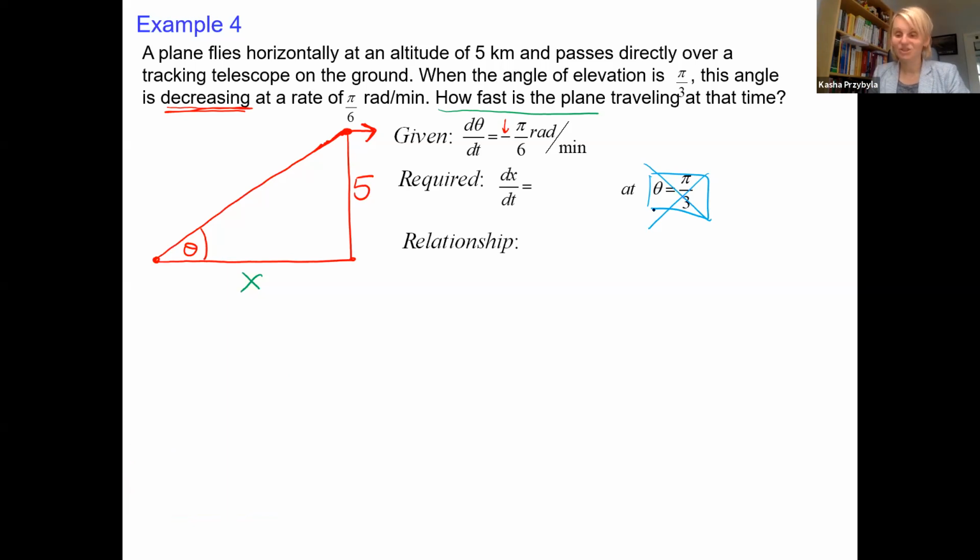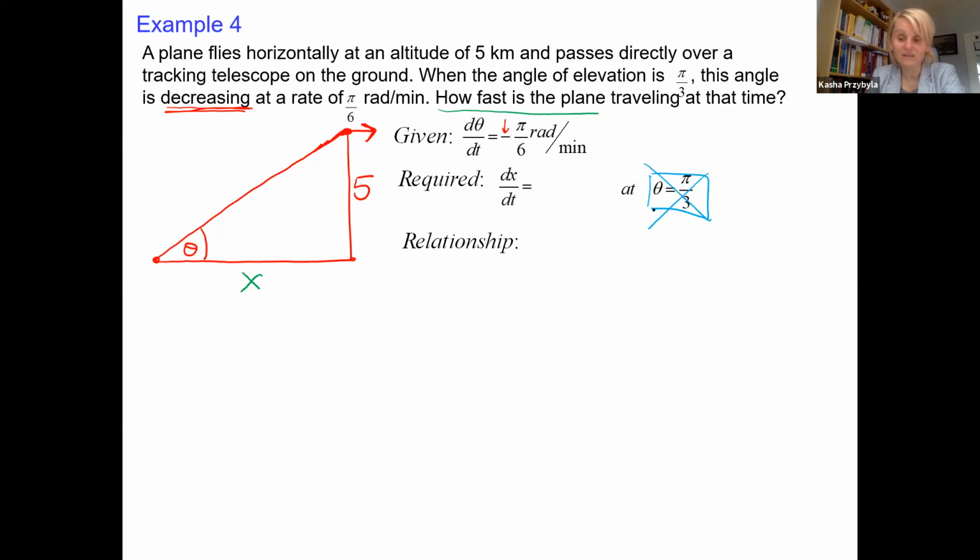Yes, we have to make the relation. Now we have a right triangle, we have theta, the opposite side and the adjacent side. There's no information about the hypotenuse, so the Pythagorean theorem will probably not be an option, because we don't want to involve another quantity which we have no information about.